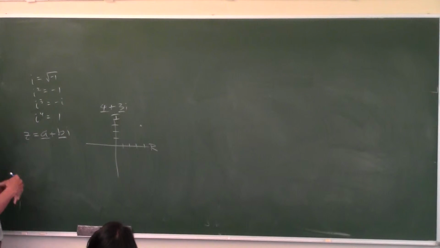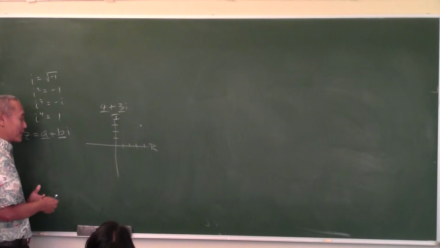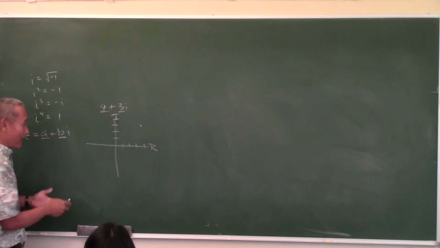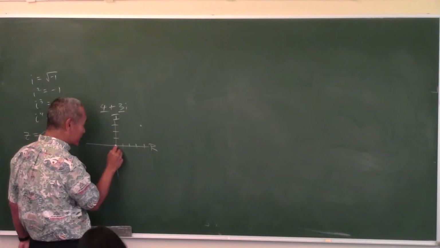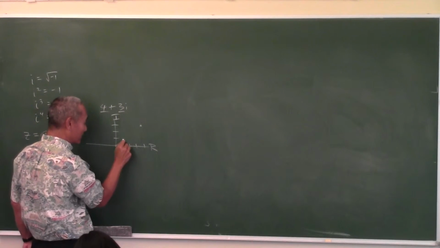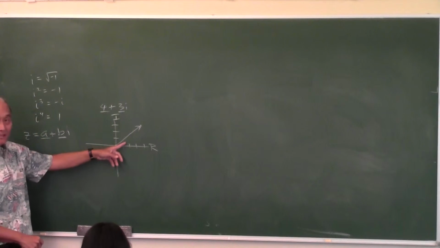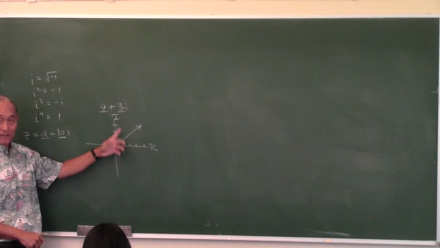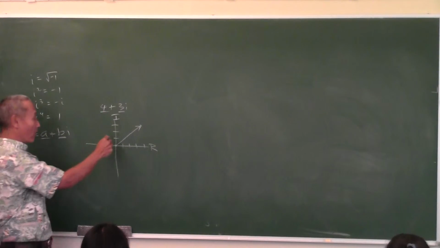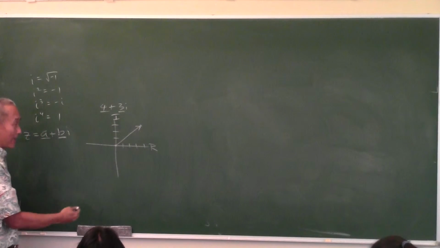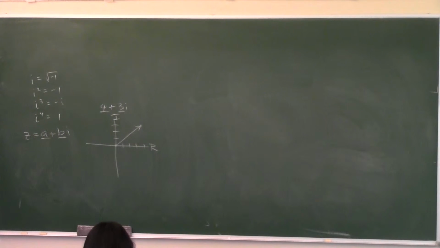Now, a complex number is actually a vector. Some of you don't have experience with vectors, but for now, all you need to know is that a vector is an arrow that goes from the origin to the point. This complex number is a vector that goes from the origin to the point (4, 3) in the complex plane, not the Cartesian plane.